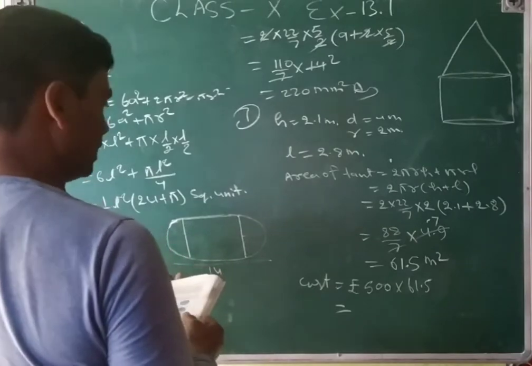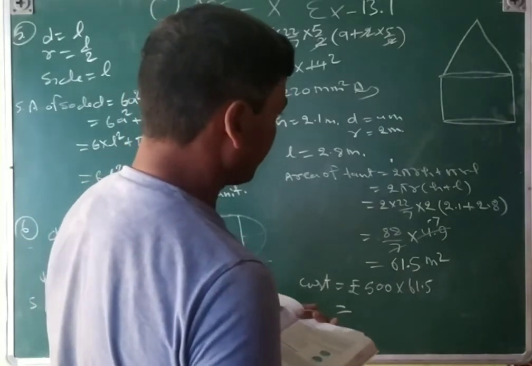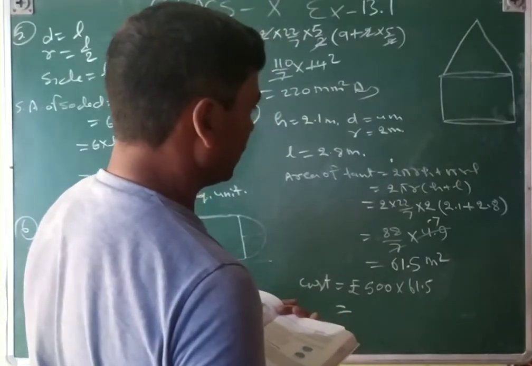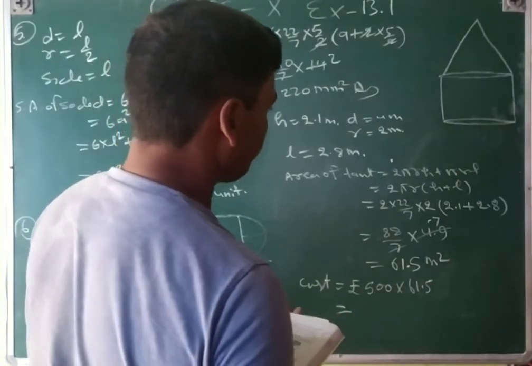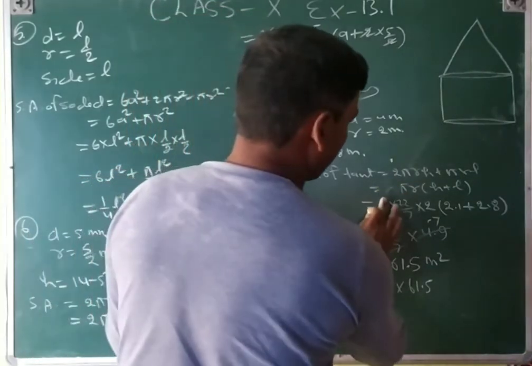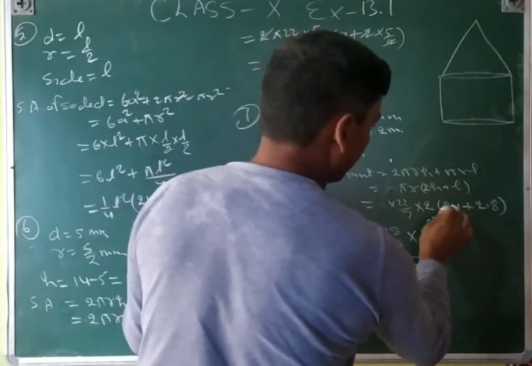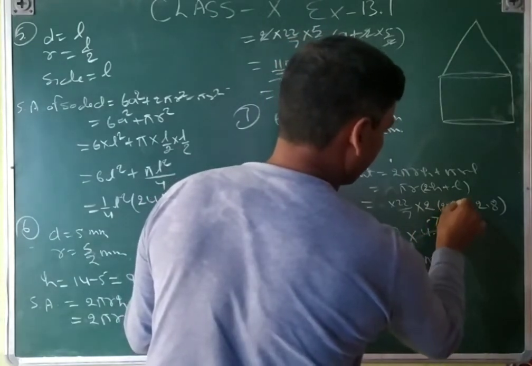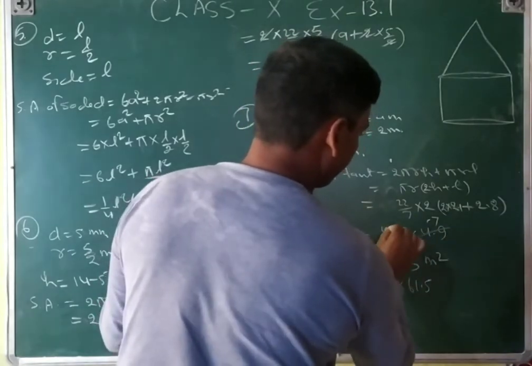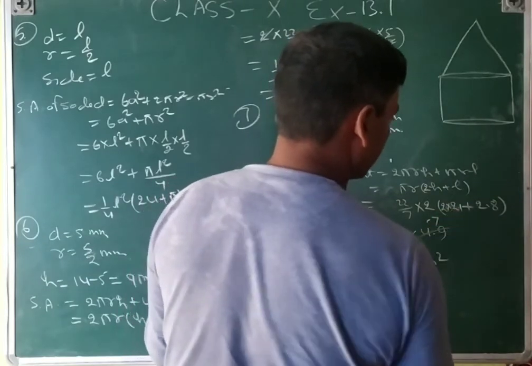The area of canvas is that will be 44, something is missing again here. 2 pi R H plus L, and then 2 pi R, only that, not 2, that will become 2 into 2.1. So that will be 44.